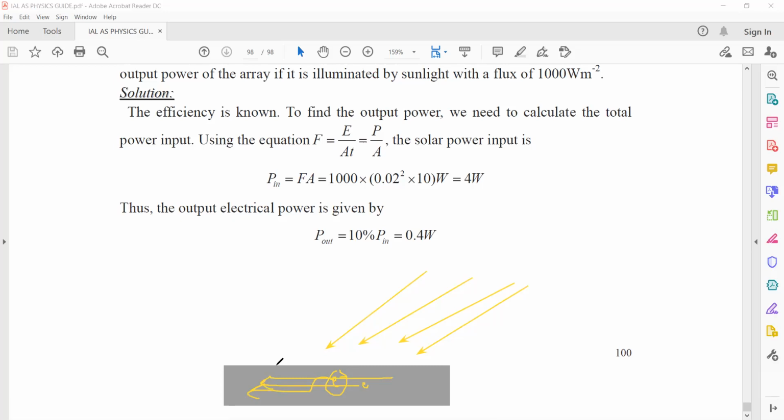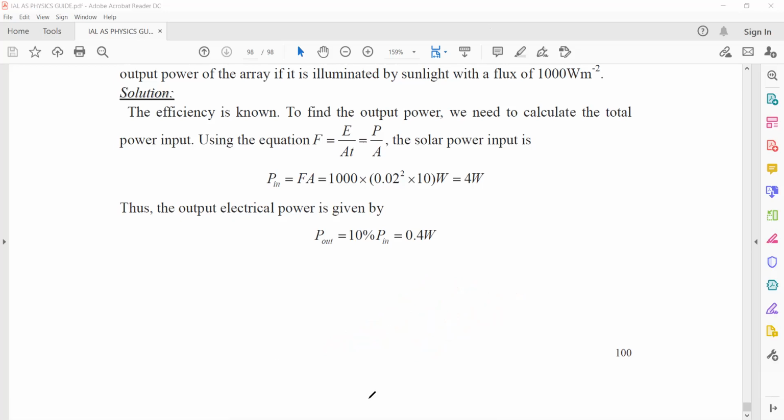The only difference from the photoelectric effect is that in the photoelectric effect, light falls and electrons come out, whereas in photovoltaic or solar cells, when the light falls, the electrons start to move within the structure.